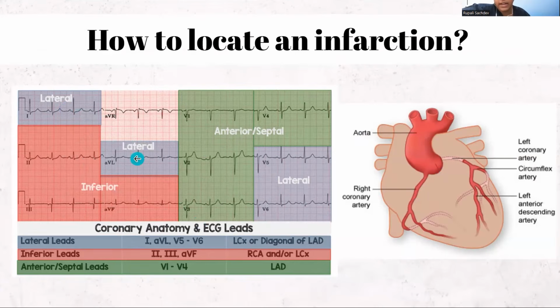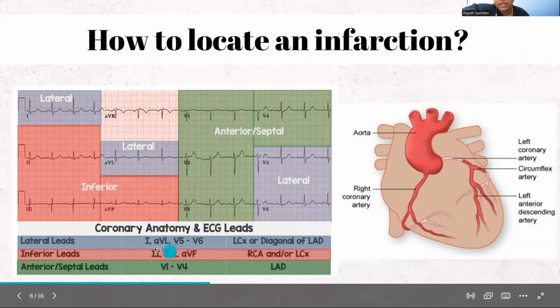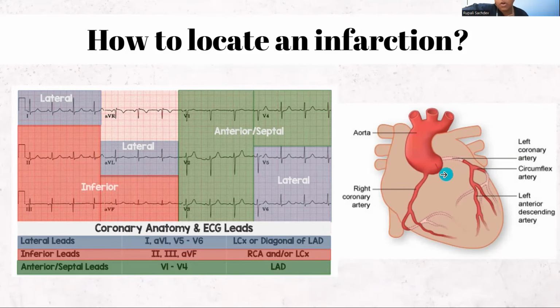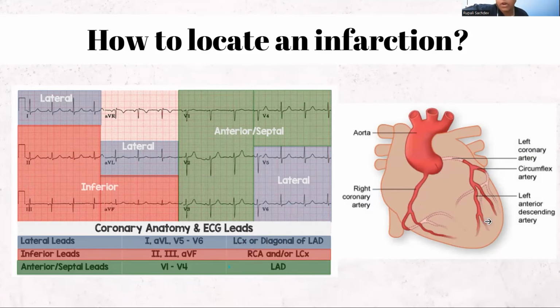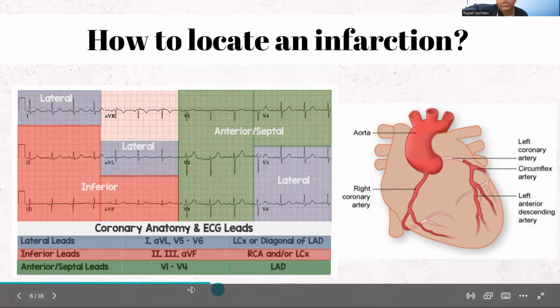If lead 1 and aVL are involved, lateral leads, and V5, V6, that means the left circumflex or the diagonal of the left anterior descending is involved. V1, V2, V3, V4, anterior MI, that means your left anterior descending is involved. Very quick assessment you can do with an ST elevation MI, and you can immediately figure out which artery is likely to be involved.